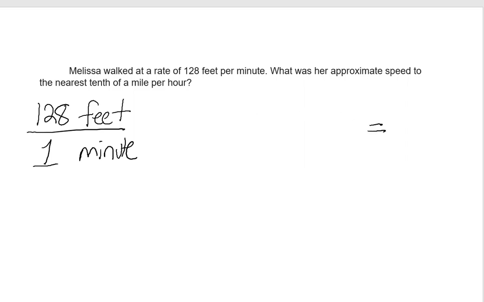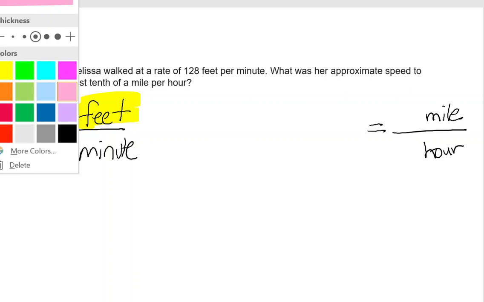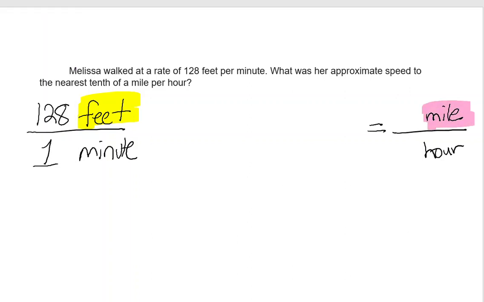I want my final answer to be her approximate speed to the nearest tenth of a mile per hour. So I want miles on top and hours on bottom. This is the most challenging problem you'll see, because if you look, we're going from feet on top to miles. So the top changes.